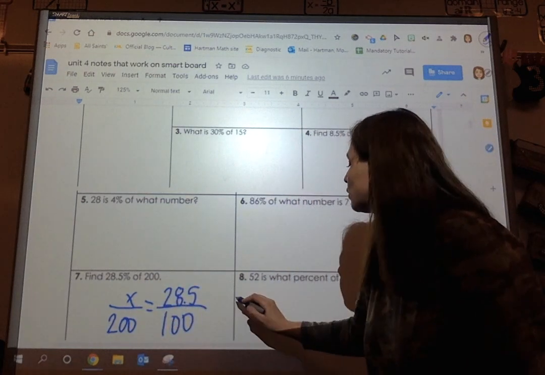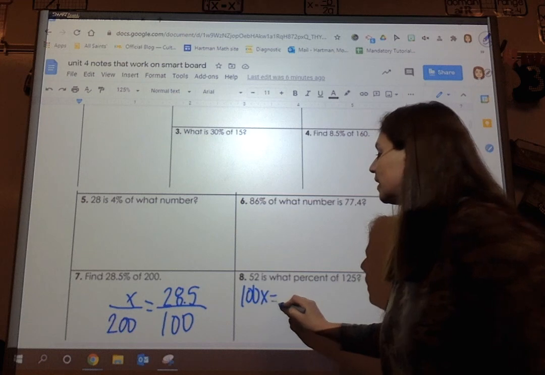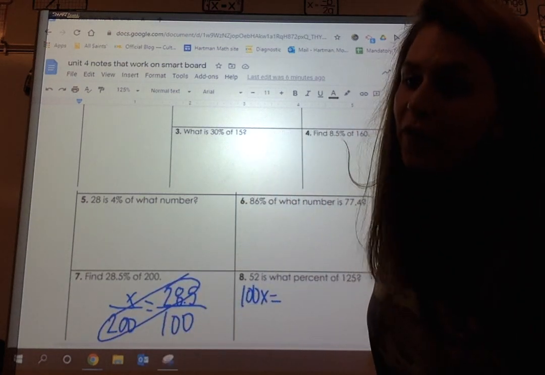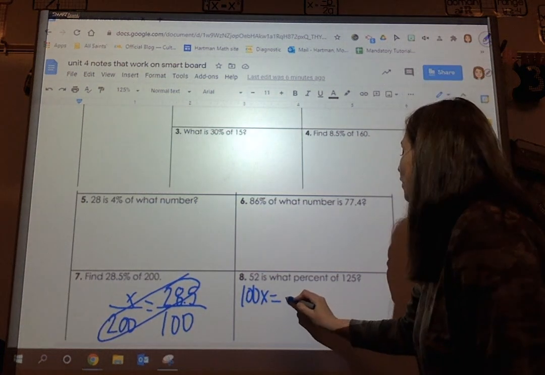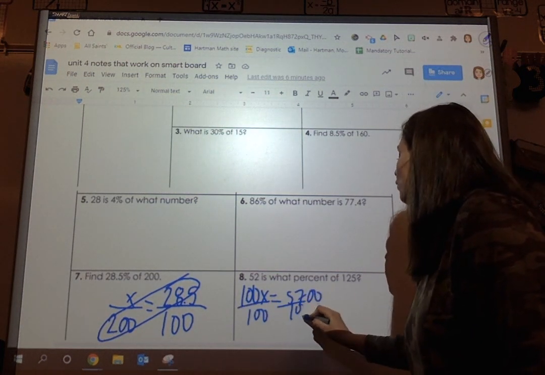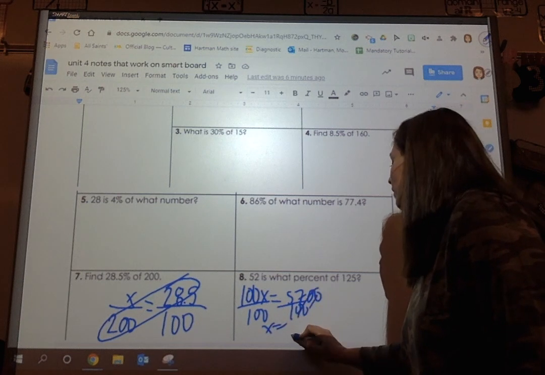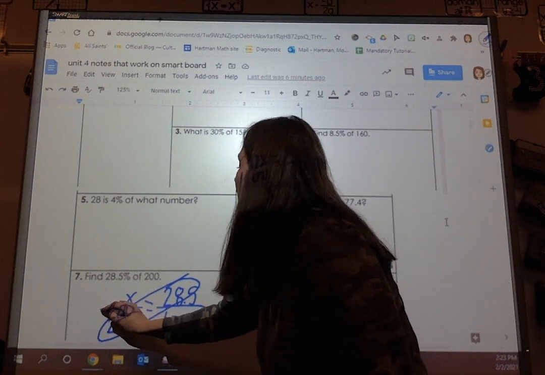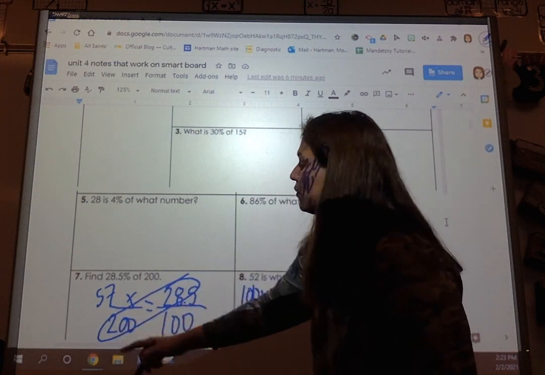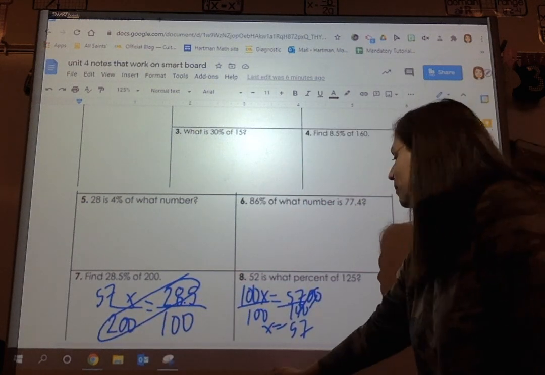So when I cross multiply, I get 100x equals 200 times 28.5, which is 5,700. And when I divide both sides by 100, I get x equals 57. So 57 is 28.5% of 200. So 57 would be my answer there.